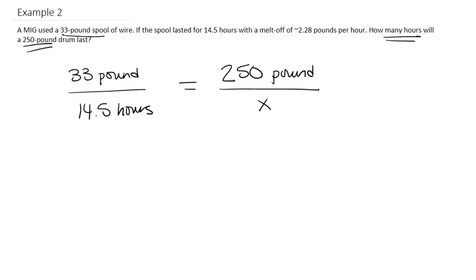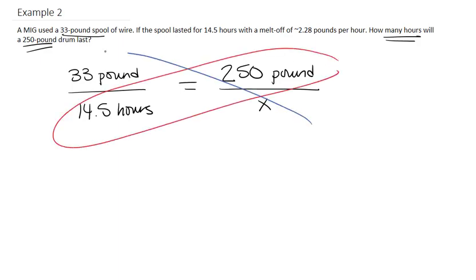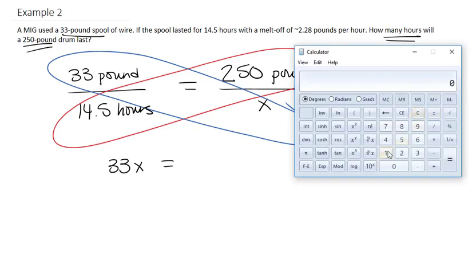And then we go ahead and we can cross multiply, and we can solve this way. So 33 times x is just 33x. And then we have 14.5 times 250, and we get 3,625.